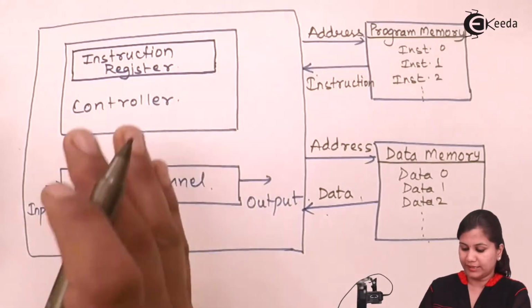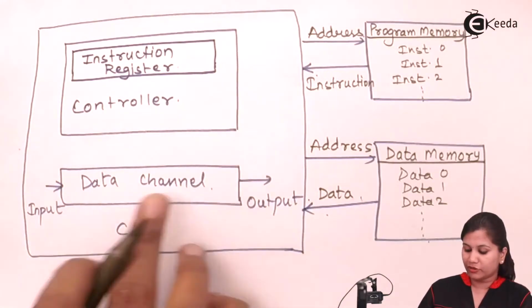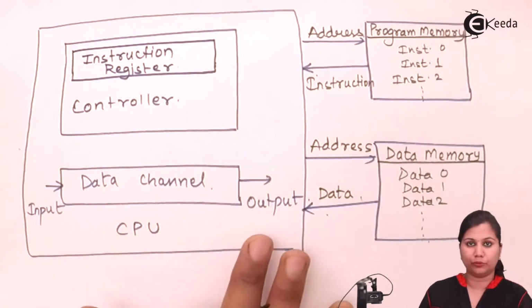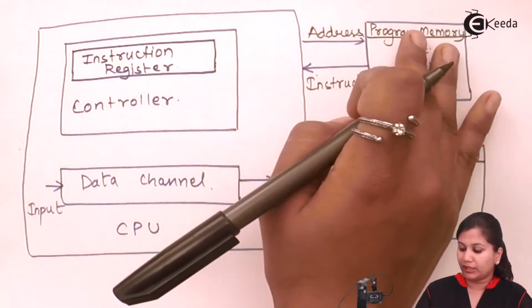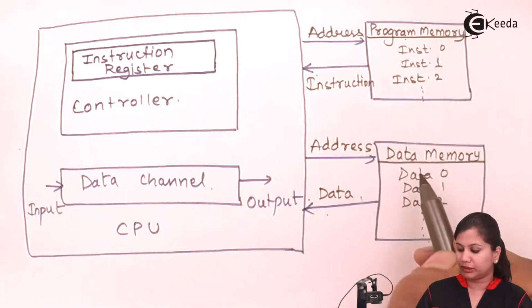In this you can see the CPU. It consists of the instruction register, controller, and data channel, which is input and output. This is the part of the CPU. Now this CPU, that is the processor, can interact with the program memory and with the data memory.